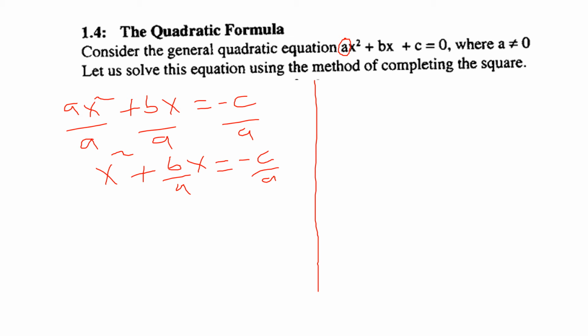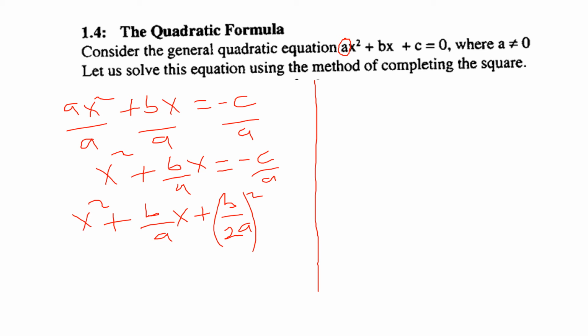So the next thing is for us to introduce the constant. In this case we shall have x squared plus b divided by a x, then plus b divided by 2a squared, like that.